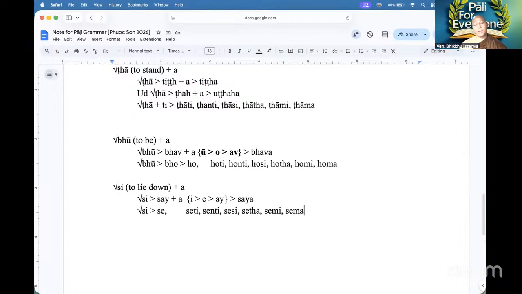The same meaning. So sayadi, sayanti, sayasi, sayata, sayami, sayama, but here just sedi, sendi, sesi, seta, semi, sema. You see? And now the next part also.